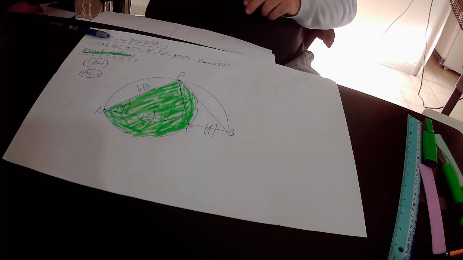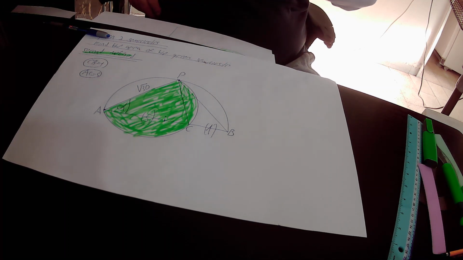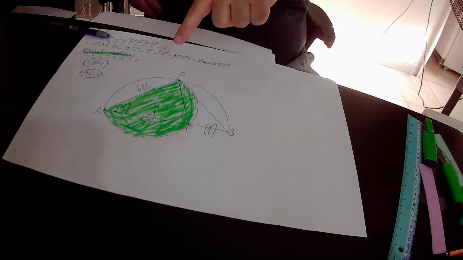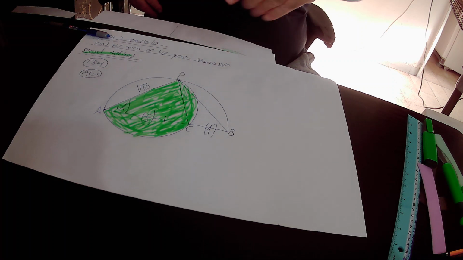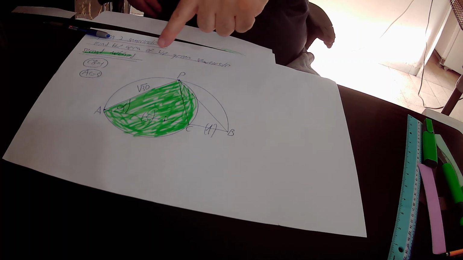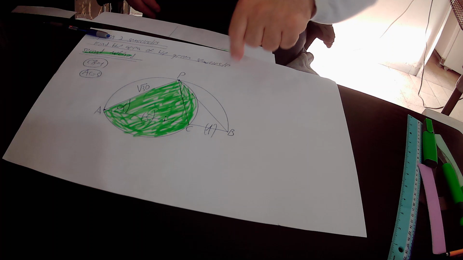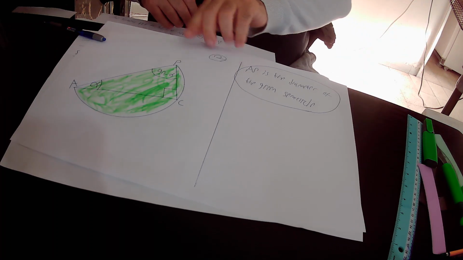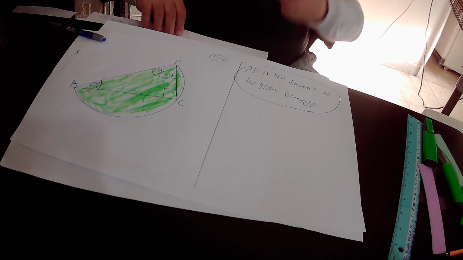In the next step, we join points P and C together by a straight line, and I copied this green semicircle in a new page, and we implemented rule 7 on this white and this green semicircle. This is the green semicircle that I copied from the original drawing.